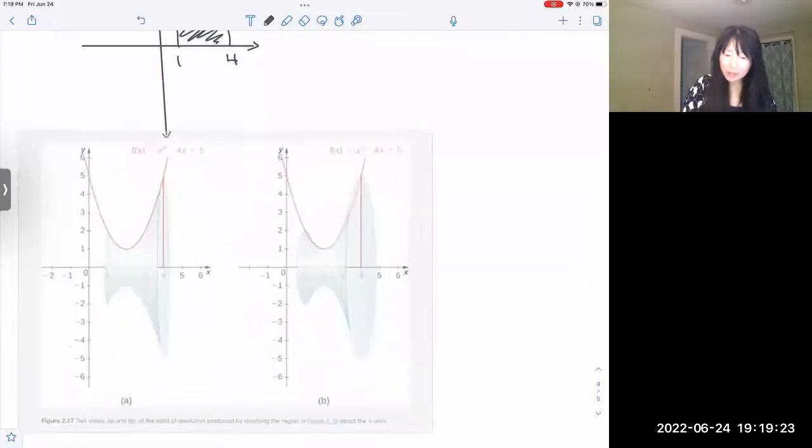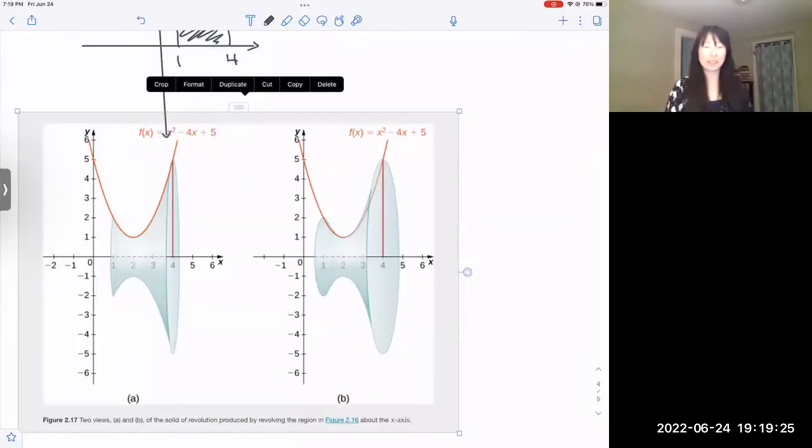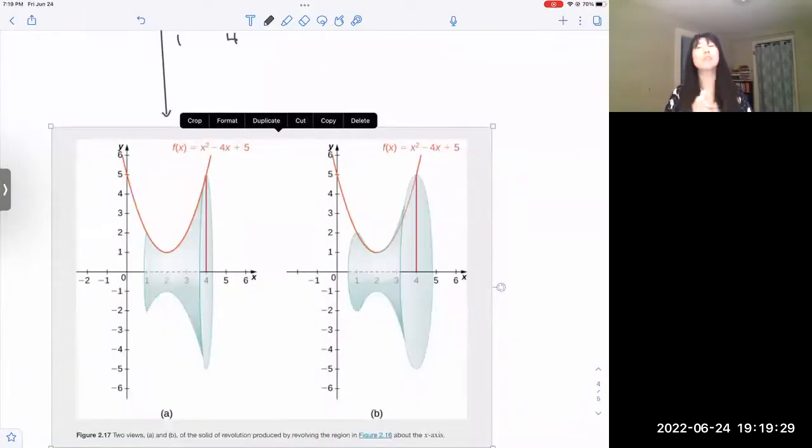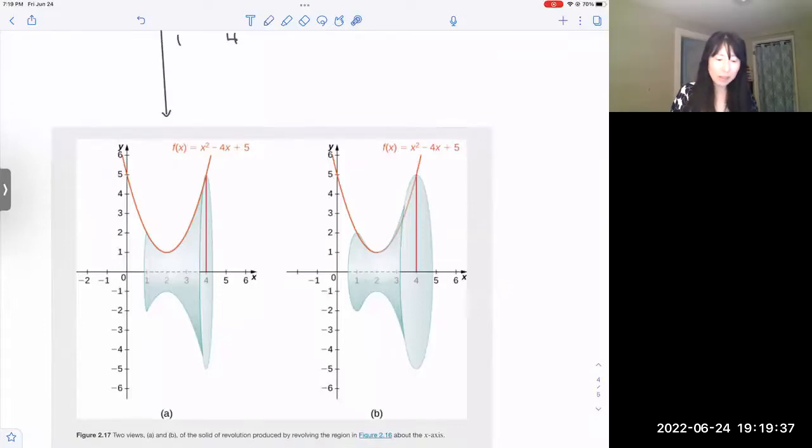Can you see that? They generated this figure. So we had the function, which is a parabola, open upward.